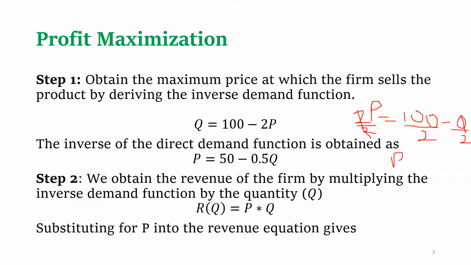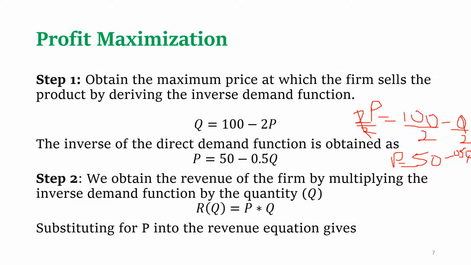So you're left with P equals 50 minus Q over 2, which is the same thing as 0.5Q, right?